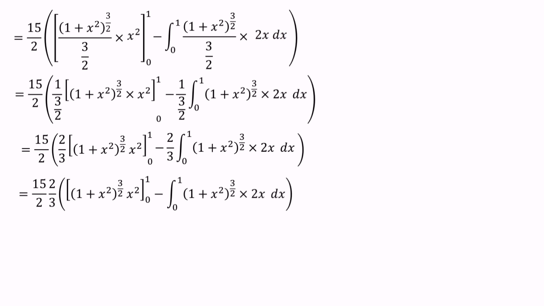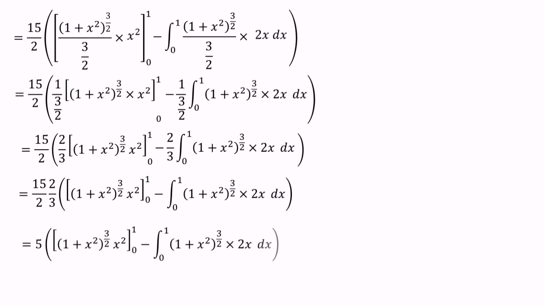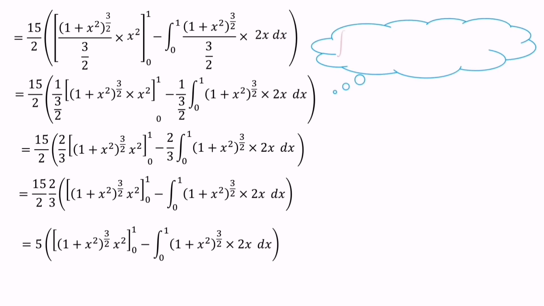1 plus x squared is just like f(x), 3 over 2 is just like n, and the differentiation of 1 plus x squared, or the 2x value, is just like f dash x. So we can use the equation integral f(x) to the power of n into f dash x equals f(x) to the power of n plus 1 over n plus 1.